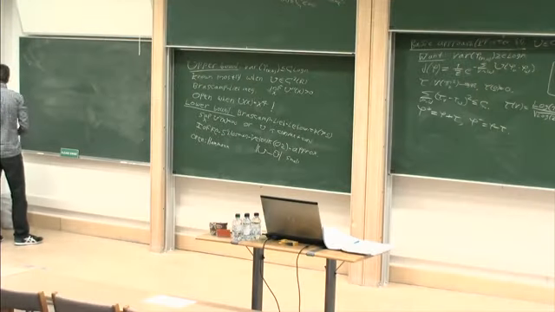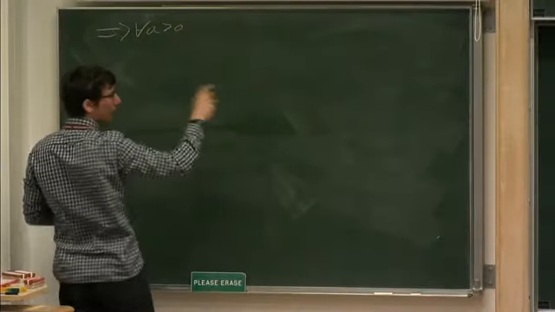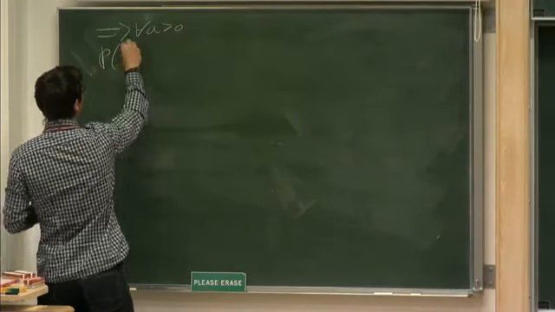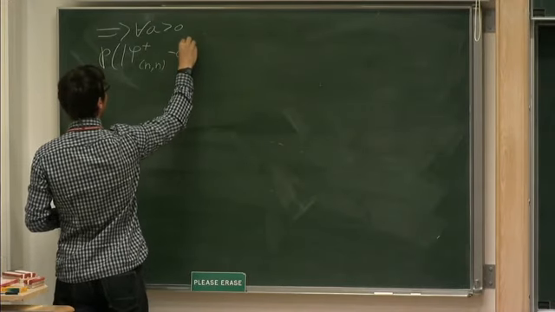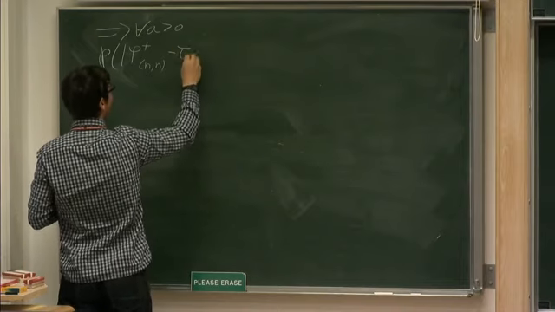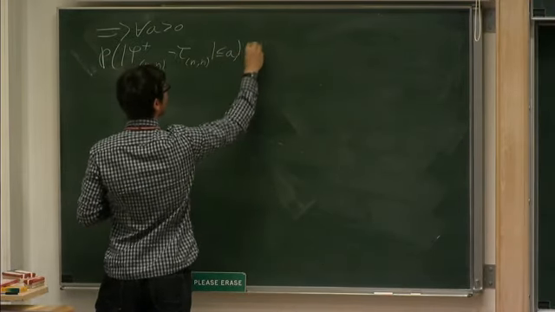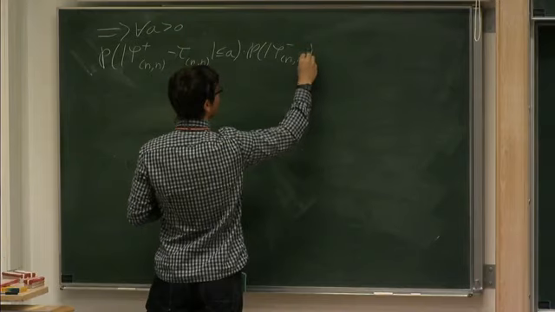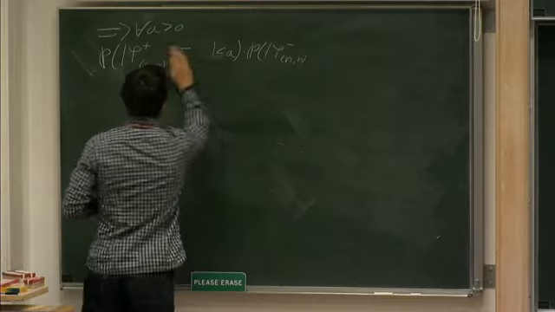So you can deduce, by a Cauchy-Schwarz calculation, that for any a bigger than 0, the probability that phi plus at nn differs from tau of nn by more than a, times the probability that phi minus of nn, yes, sorry, I'm confusing it.